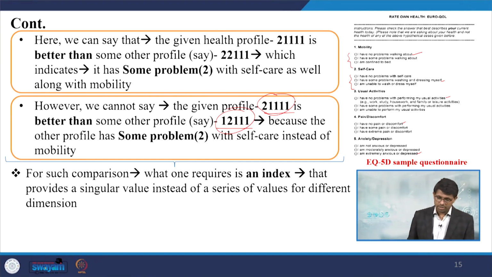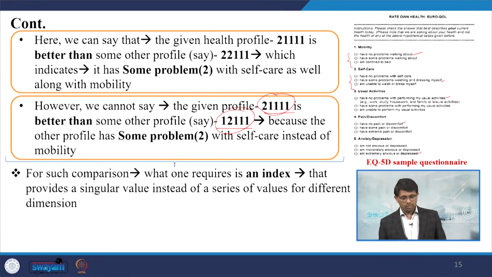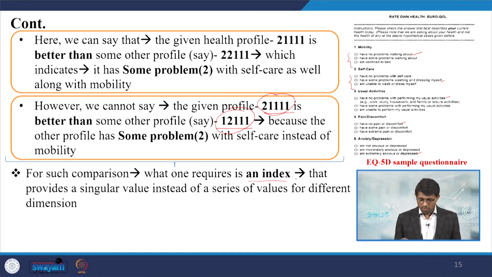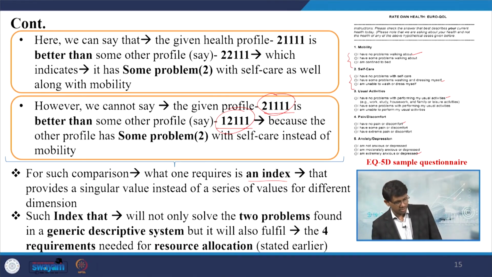In such a comparison, what one requires is actually an index. To overcome this problem, the index will provide a singular value instead of a series of indicative information across the dimensions.